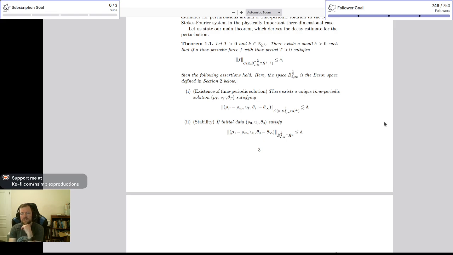Because here it's saying there will exist a unique time periodic solution, as long as the magnitude between the theoretical unique time periodic solution and the value we're supposed to get at infinity is ever smaller, I guess, talking about a limit as, like, rho_n starts approaching infinity.